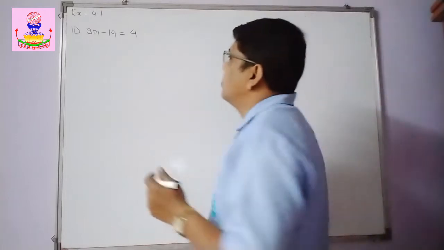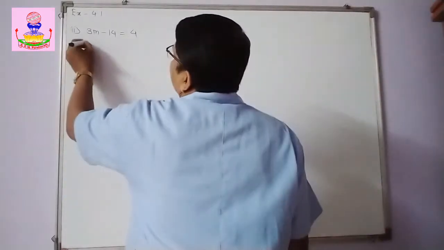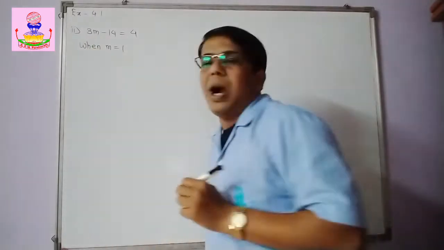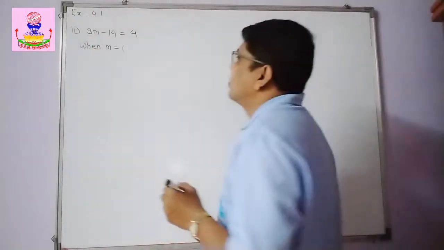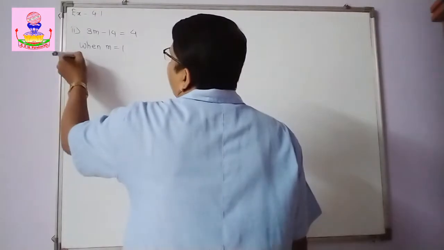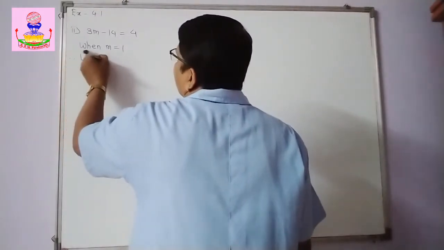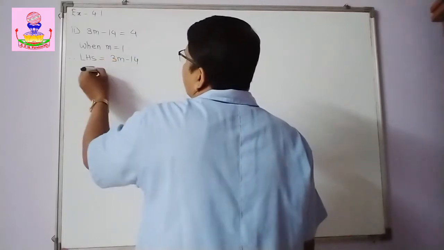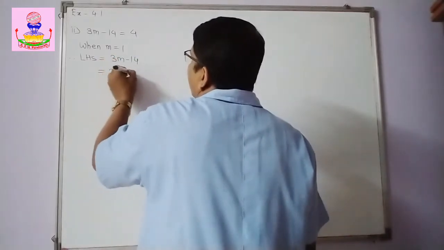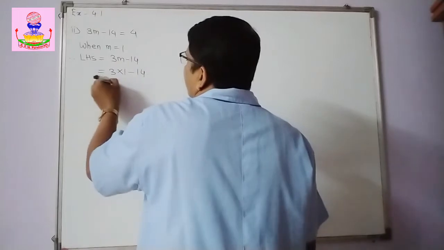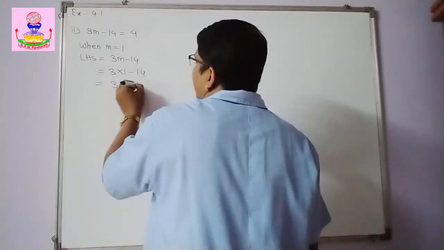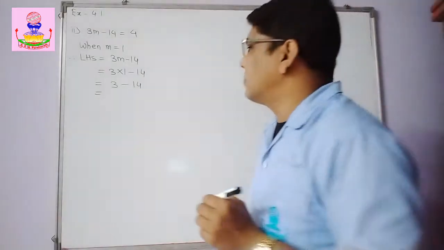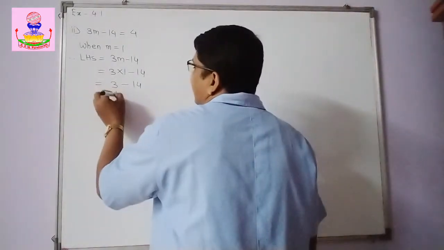So first, suppose when m is equal to 1. Therefore LHS, what is it, 3m minus 14. So 3 into 1 minus 14. So 3 ones are 3 minus 14. Difference in sign, go for subtraction. So 14 minus 3, 11.